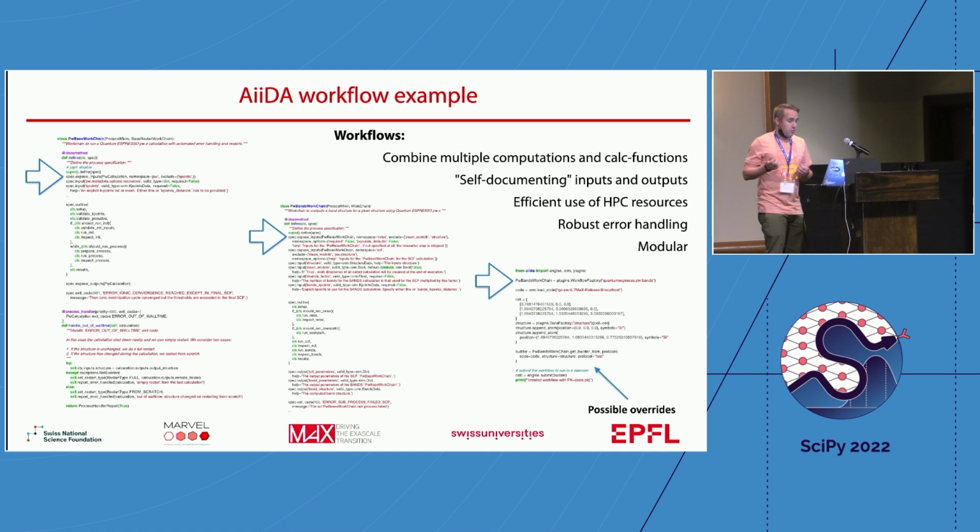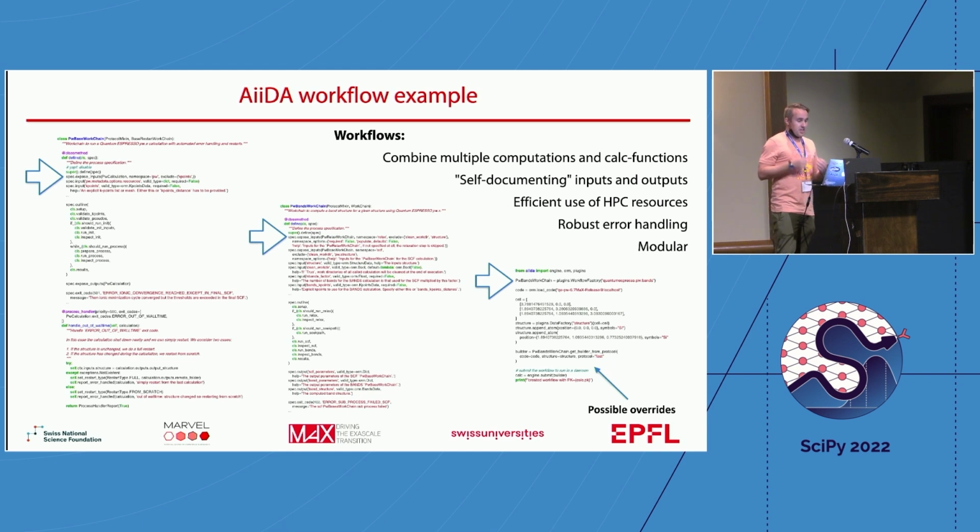To give you an idea of what this looks like to implement, I have, for example, a Quantum Espresso code plugin, which tells AiiDA how to generate the input files, how to call the code, how to parse its output files. A structural relaxation workflow, which is on the left, then calls this plugin code, plus handles automatic restarts on failures, like if you reach the wall time on your HPC.